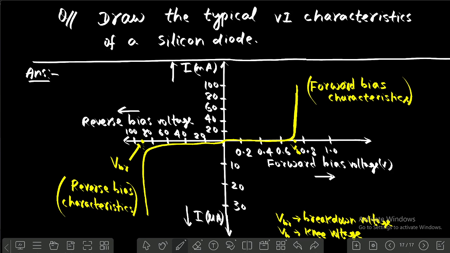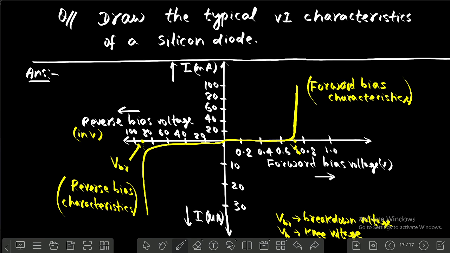Remember, forward bias voltage will be in the order of 0.2 volt, 0.4 volt like that. Reverse bias voltage will be 20, 40, 60, 80 like that, in volt. Current in milliampere for forward current, and in microampere for reverse current. This diagram you have to do, everyone.